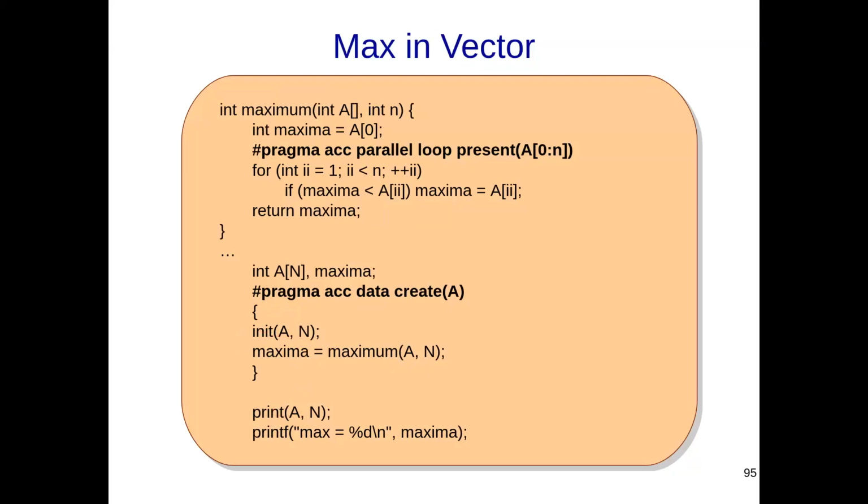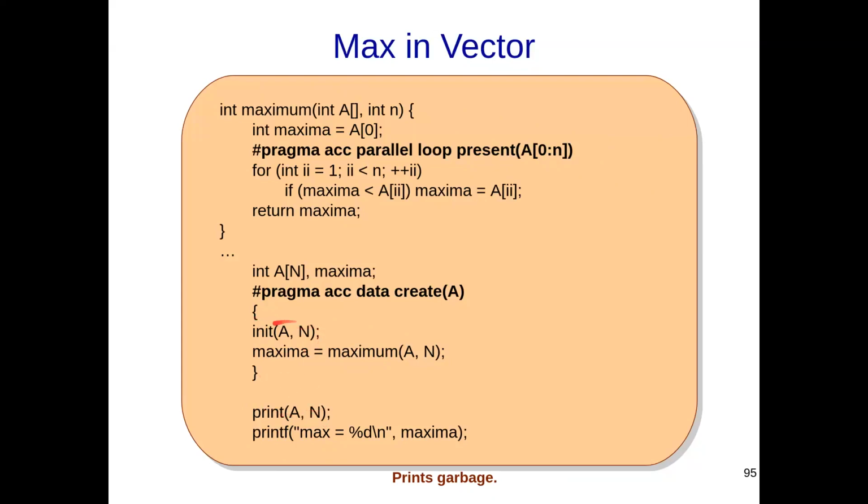But is there any other issue with this code? Okay, so it turns out that it starts printing garbage, right? And that is because of this copy out of A being not present. But any other things? It also doesn't print the max value correctly, because that copy out comes into picture only at the end.